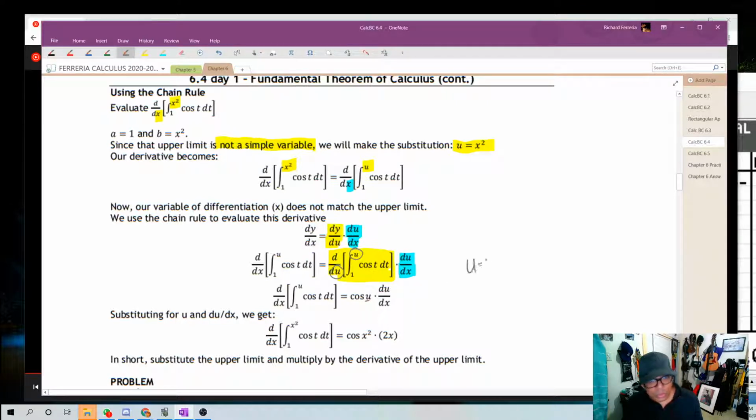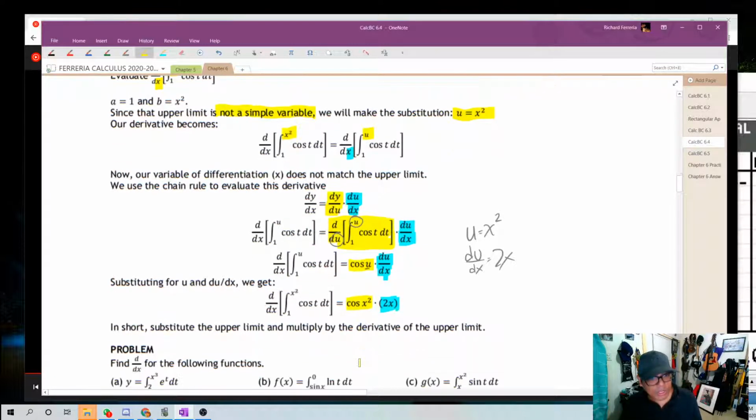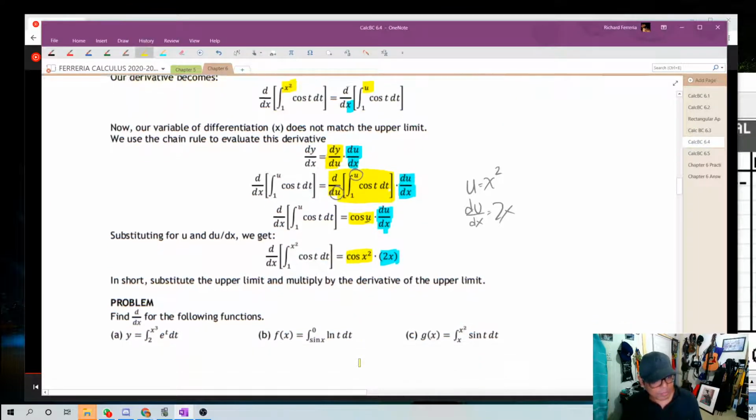If u was equal to x squared, then du dx is just 2x, which is what you have down over here. Finally, you're going to substitute u for x squared over here, and there you have it. Cosine of x squared multiplied by 2x.